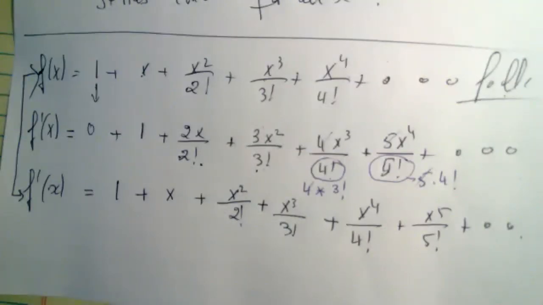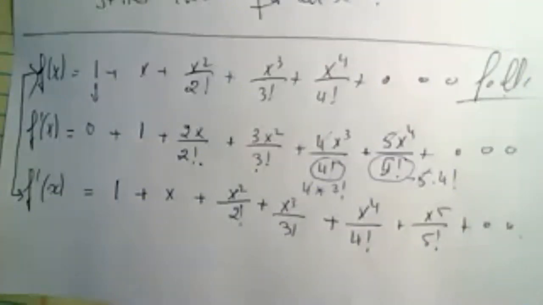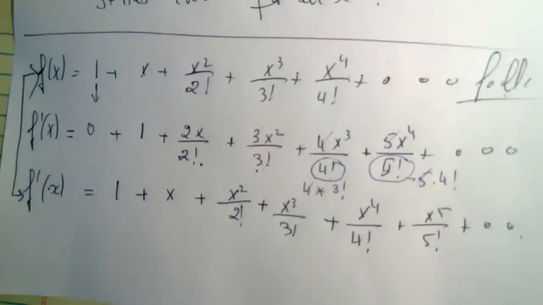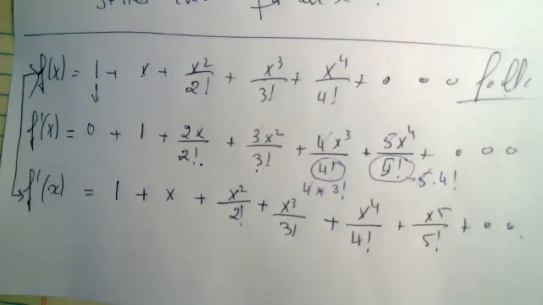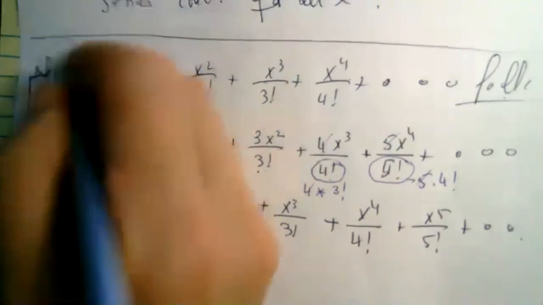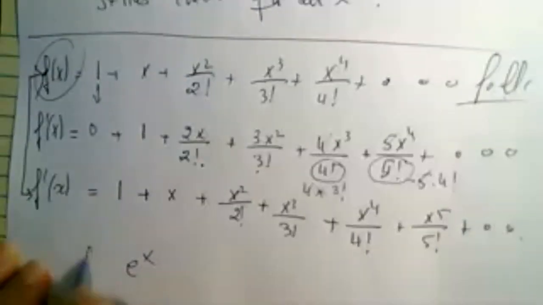Now, which function are you aware of that has the property that the function and its derivative are exactly the same? Exactly, it's e to the x. So what we're going to see next, basically on Monday, is that this is the power series of e to the x.